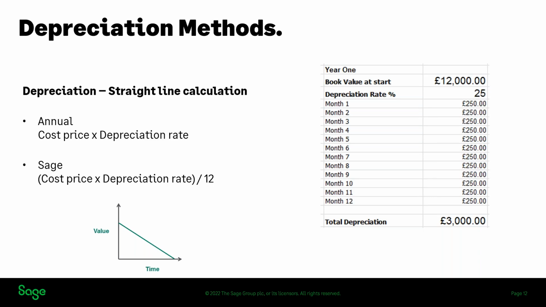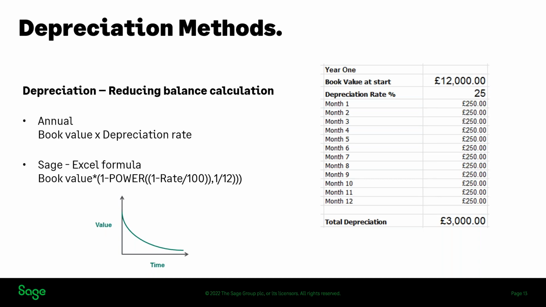A slightly more complicated method is the reducing balance calculation. And the idea of the reducing balance is that it will depreciate at, I suppose, a higher rate, or it will depreciate more at the start of the life of an asset, in that depreciation will reduce over the life of the asset itself. So the basic calculation on an annual basis for that one would be the book value times the depreciation rate.